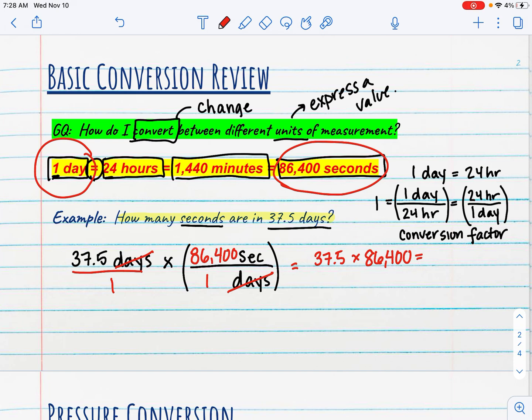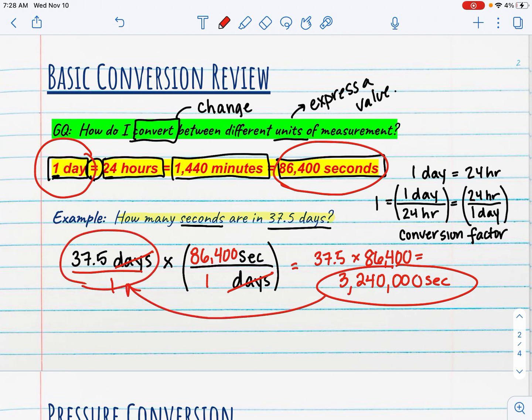That is going to give me 3,240,000 seconds. Right. Now this value, 3,240,000, is the same value as 37.5 days, just expressed in different units. Okay, so converting is all about changing how we express a value in a specific unit.